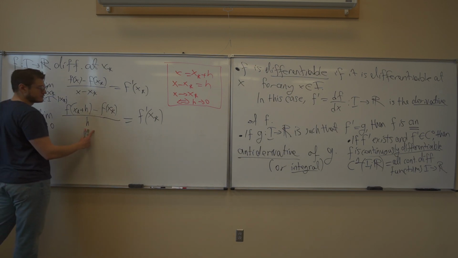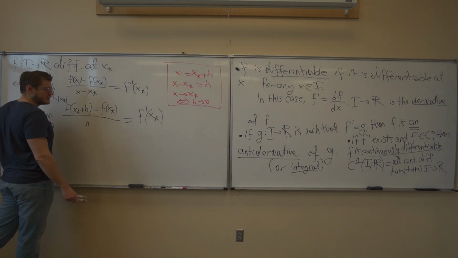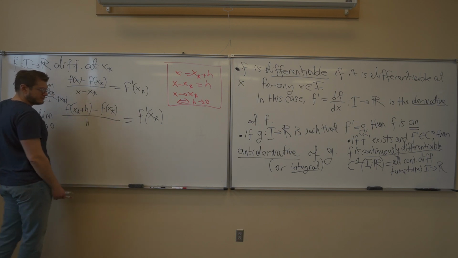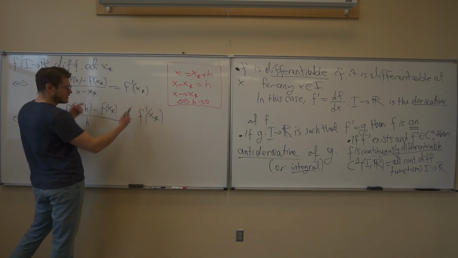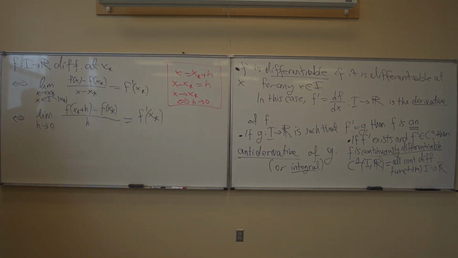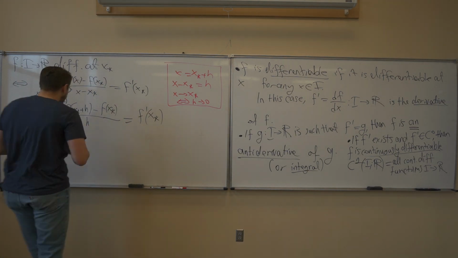So I can do this. But then what is this? I can say that, oh, this limit, so the limit of this goes to this if and only if the distance between them, in other words, the absolute value of their difference goes to 0. Again, by just taking this to the other side and so on.